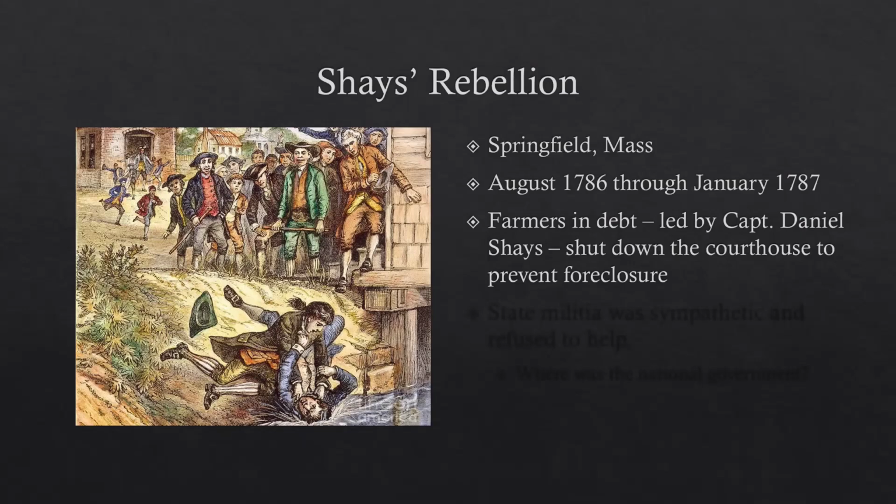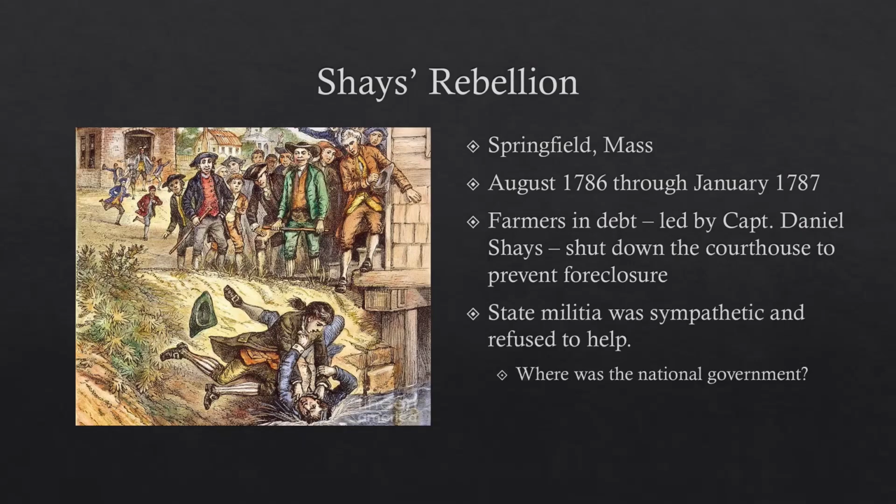And it's violent. It lasts for several months, from August of 1786 through January of 1787. It was a long and difficult time. And as I said, neither the state nor the national governments were able or willing to do anything about it.